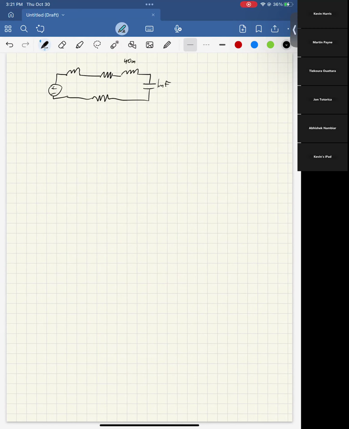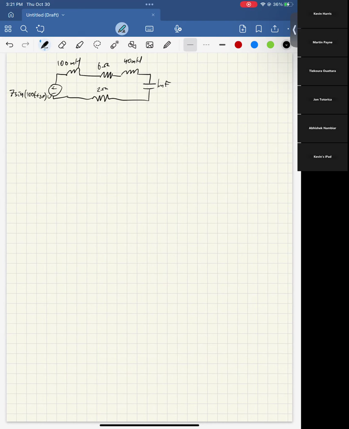1 millifarad, 40 millihenries, 6 ohms, and 100 millihenries. And then this is 7 sine 100t plus 20 degrees, volts.